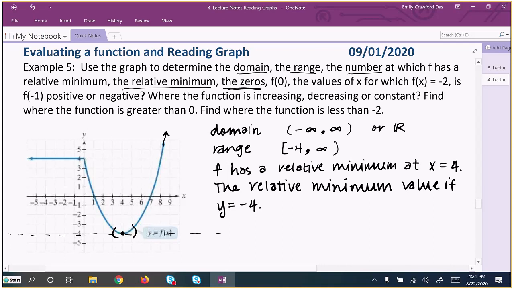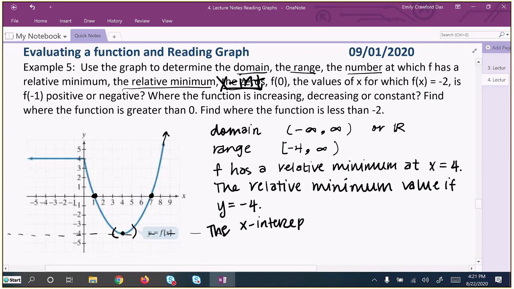Okay, the zeros. By the zeros, it means the x values at which the function takes the value 0. Another way of saying that is the x-intercepts. Zeros is another way of saying the same thing.